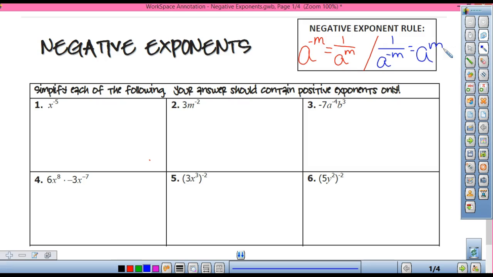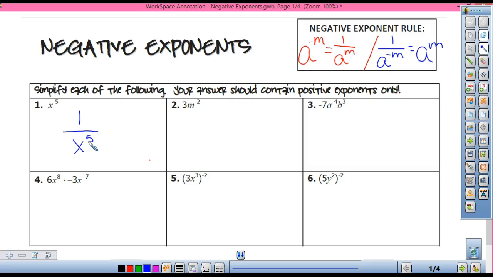So in number 1, where I have x to the negative 5th, all we have to do is go 1 over, and then my exponent becomes positive, so it's going to be x to the 5th. If I'm looking at number 2, does my 3 have an exponent on it?